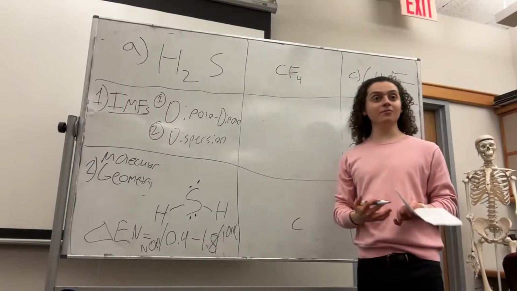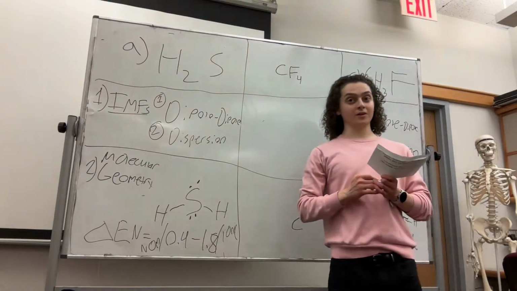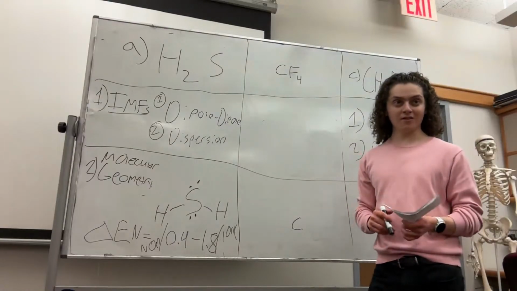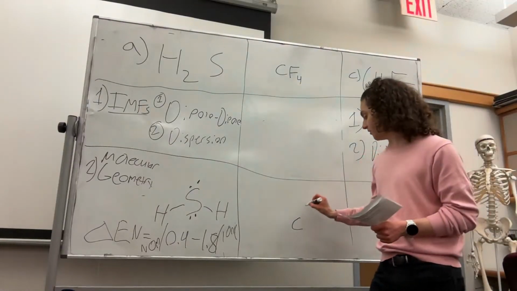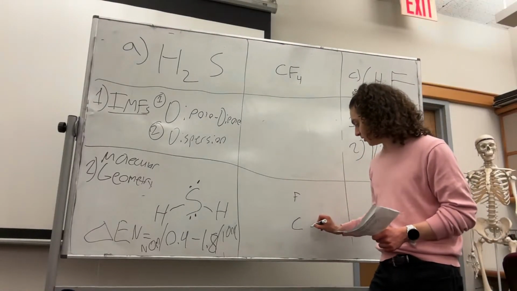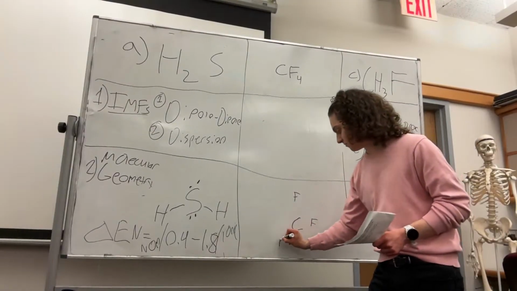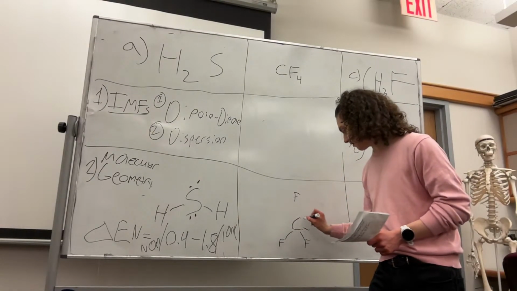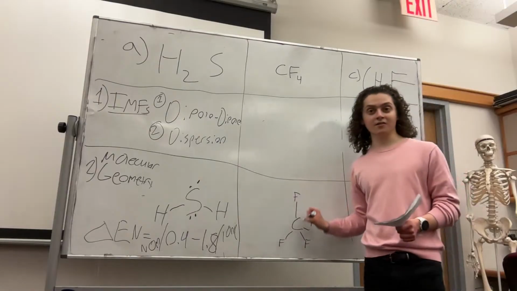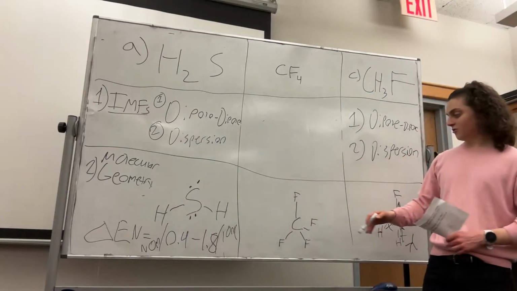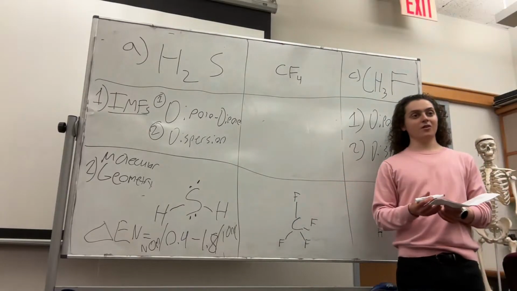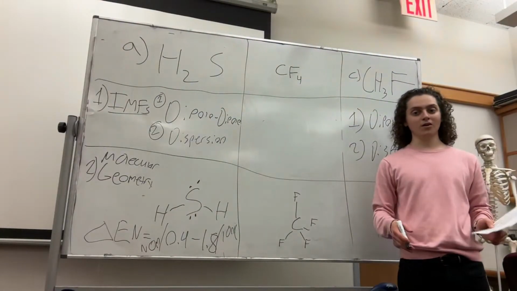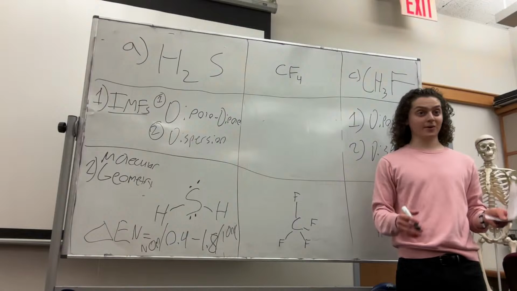The central atom is going to be one thing, carbon. The surrounding atoms are also going to be the same thing, fluorine. So in this case, if we have 1, 2, 3, 4 surrounding that central atom, they're all going to be pulling on carbon with the same strength in all of the opposite directions because we want our bonds to be as far away from each other as possible.